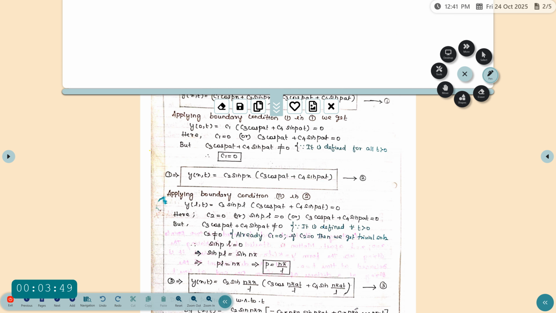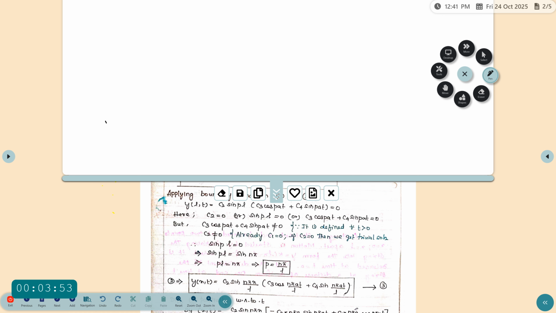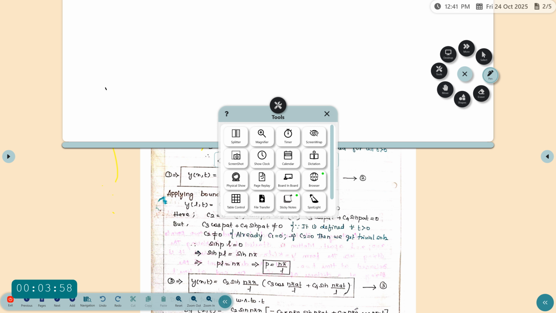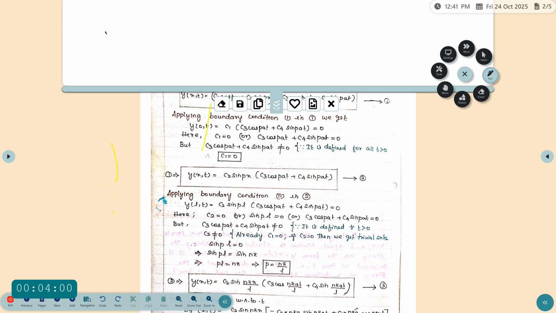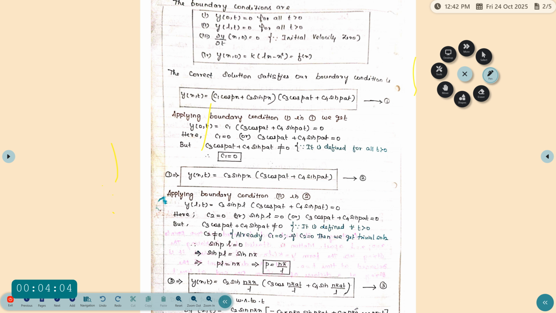Then what are the boundary conditions here? Let us see the boundary conditions.